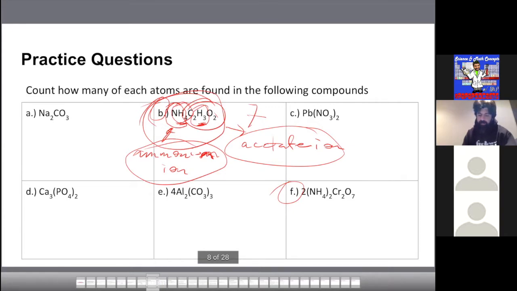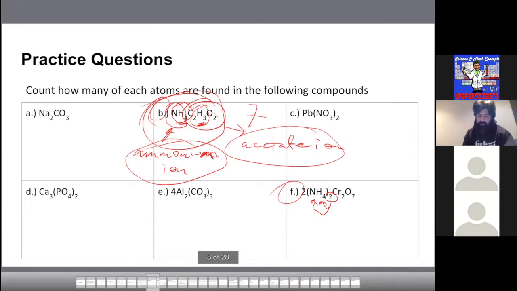Okay, and with regards to letter F, because of the brackets and the coefficient in front, this little 2 here would get multiplied in the brackets.